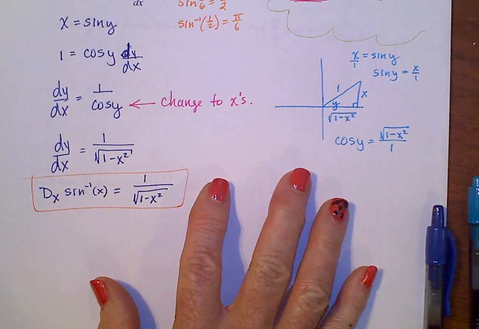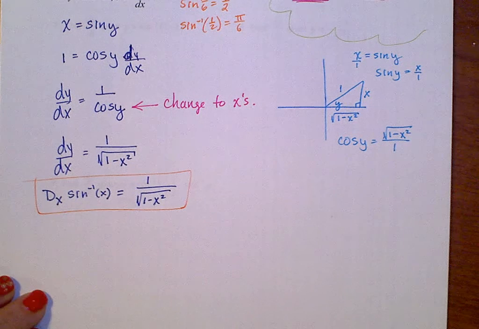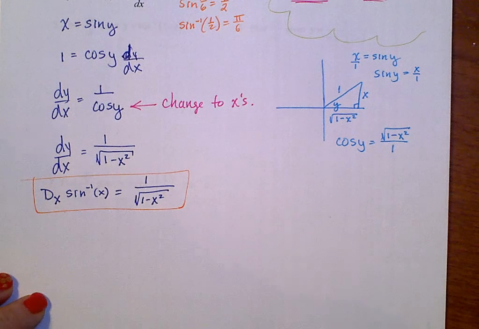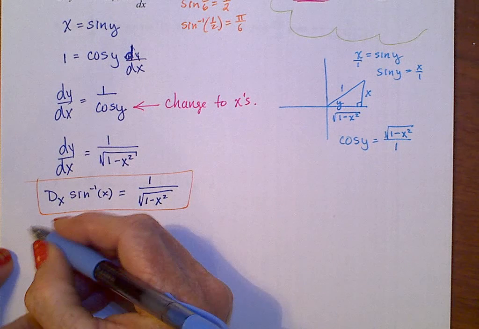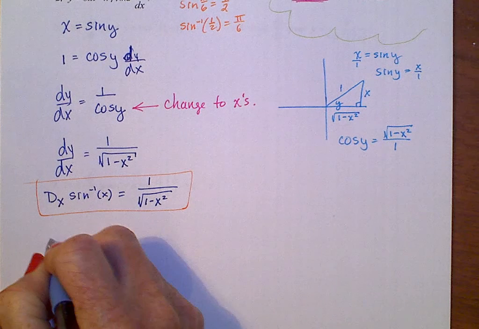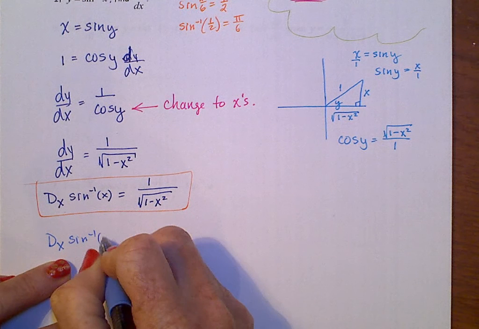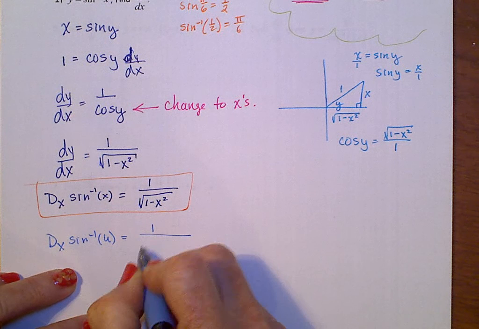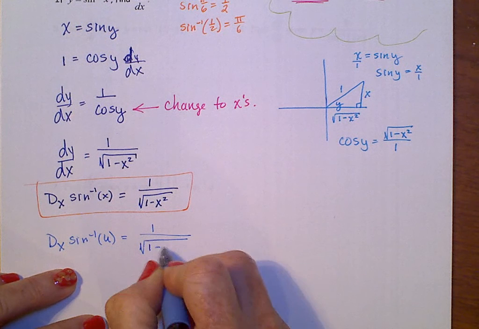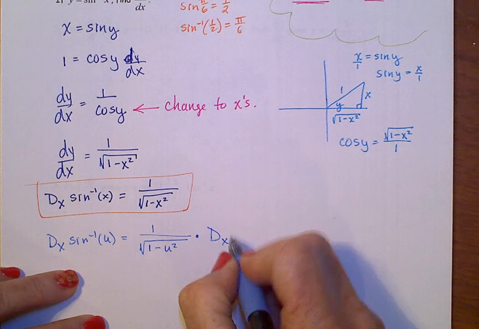Now, we could do this to find the derivatives for all 6 inverse trig functions. I'm not so sure that's worth our time. Let's just go ahead and write them all out so you have them all in one place. So, we have the derivative of inverse sine of u, and I'll explain that u in a minute. This is 1 over the square root of 1 minus u squared times the derivative of u.